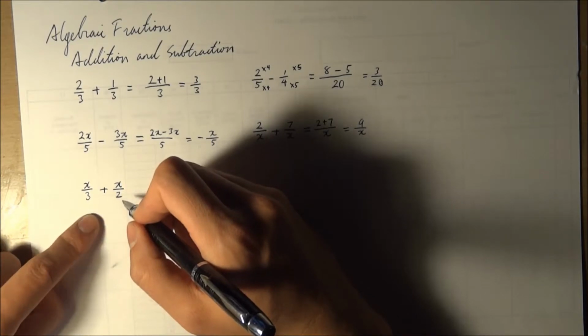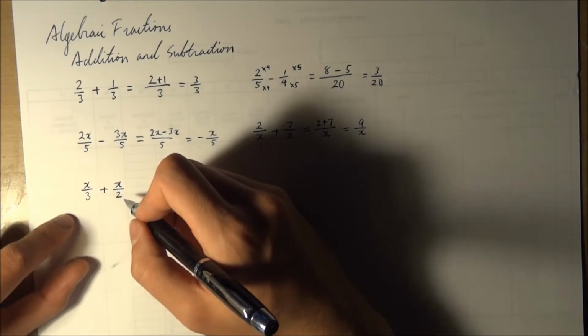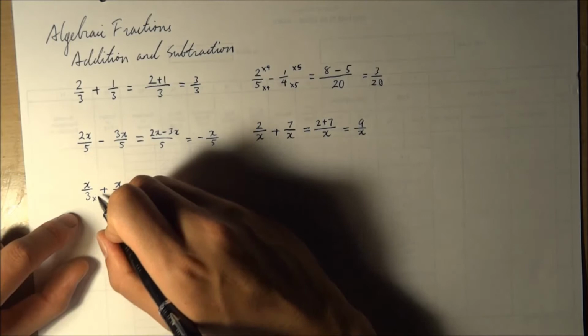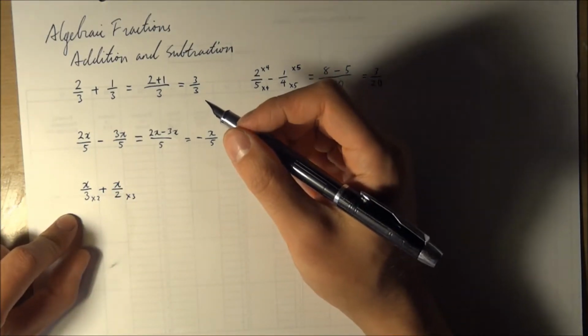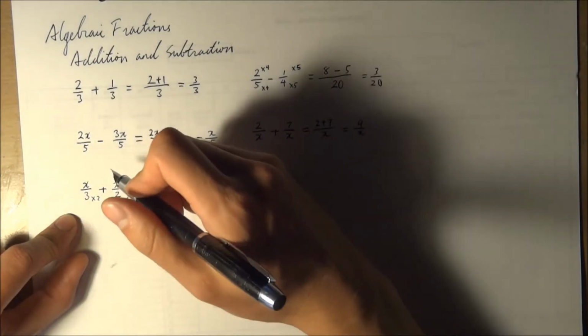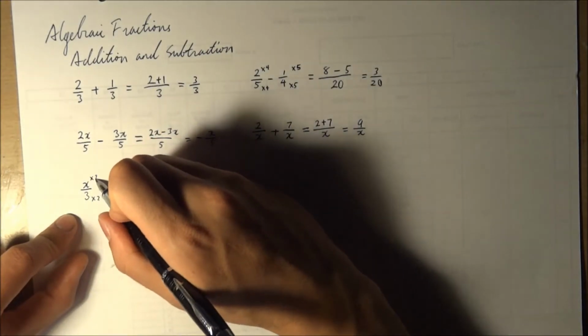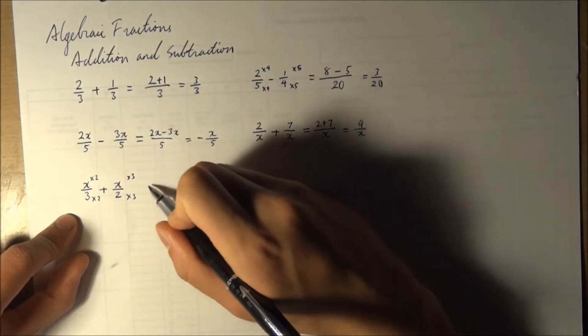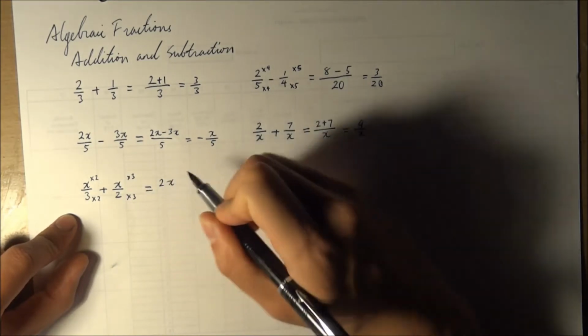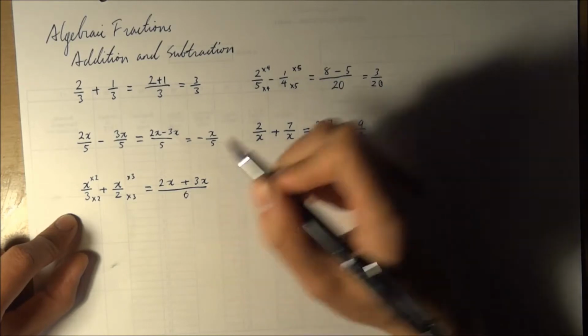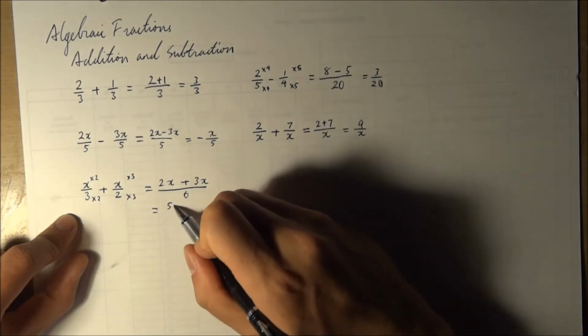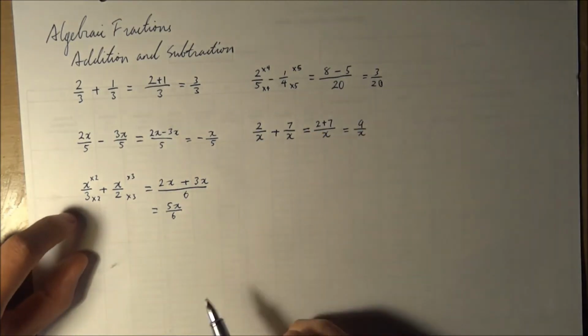And the lowest common multiple of 3 and 2 is 6. So we multiply by 2 here, we multiply by 3 here. And remember, whatever you do to the denominator, you have to do to the numerator. So multiply by 2 here, multiply by 3 here. So we have 2x plus 3x over 6, which gives us 5x over 6.